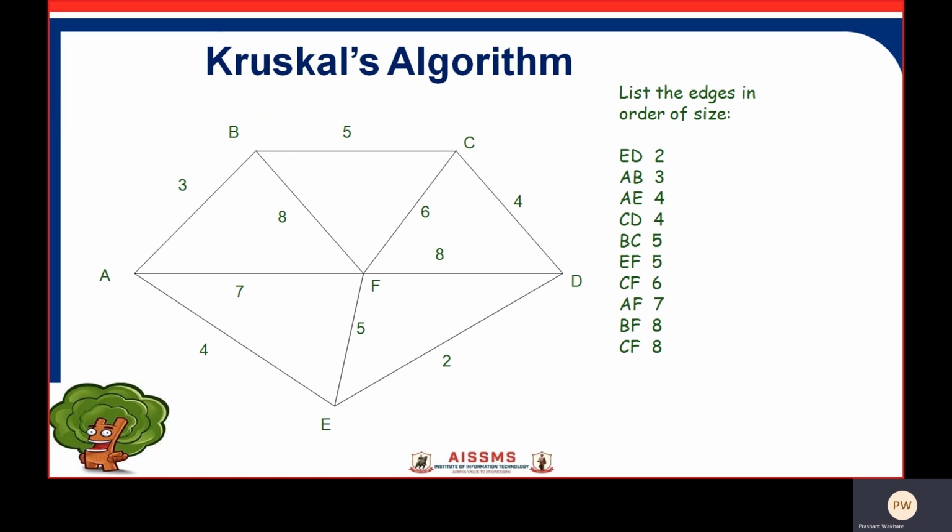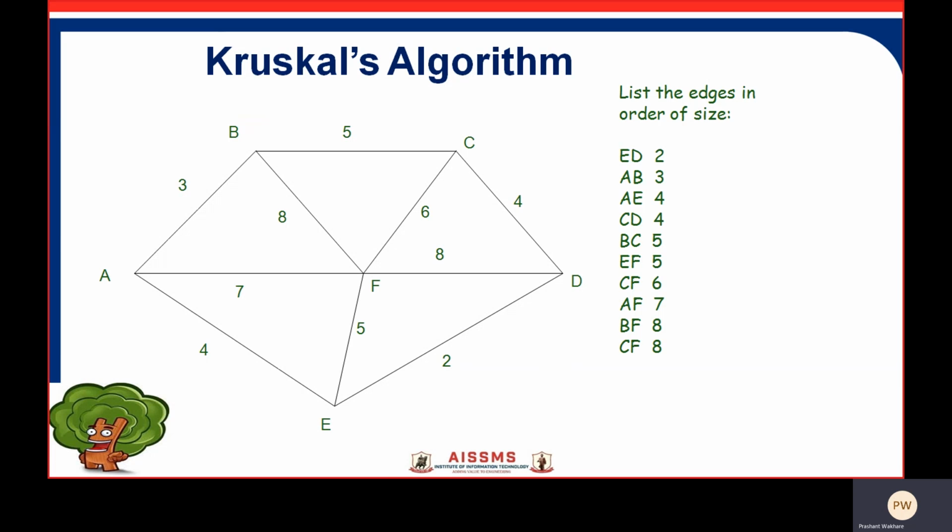See these examples of Kruskal's algorithm, we will be more clear what Kruskal's algorithm is. In this graph there is one vertex, this is 2, 3, 4, 5 and total 6 vertices. And the total number of edges is 1, 2, 3, 4, 5, 6, 7, 8, 9 and this is the 10.